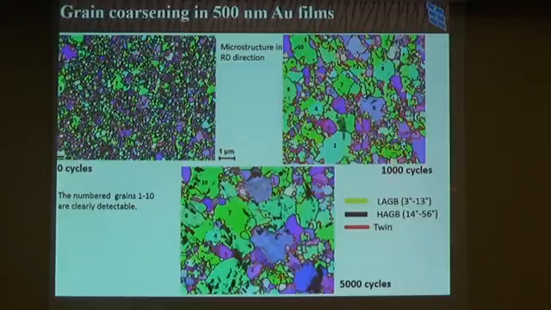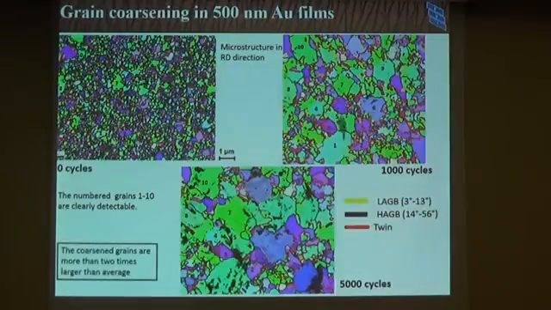Again, no correlation. We saw all these 3 types moving and all these 3 types not moving. So there must be something special about those grains. And the only thing which we were able to find is that they were just a little bit larger, more than 2 times larger than the initial grain size. Which sounds a little bit trivial now, because this is what people usually know.